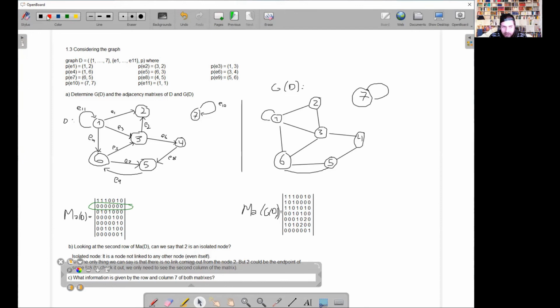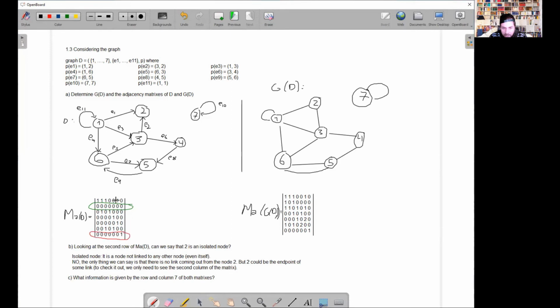So let's mark the row and column 7, right? It is 2, 3, 4, 5, 6, 7. This is the 7th row. And this is the 7th column. And this is the 7th row. And this is the 7th column, right?